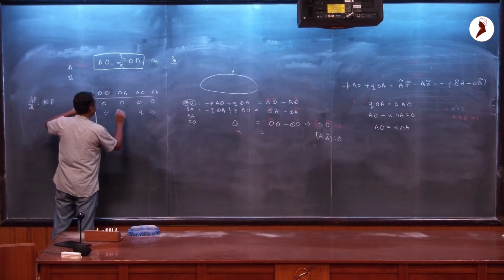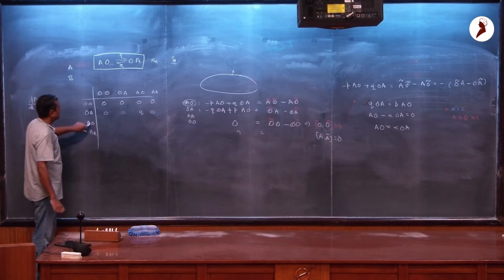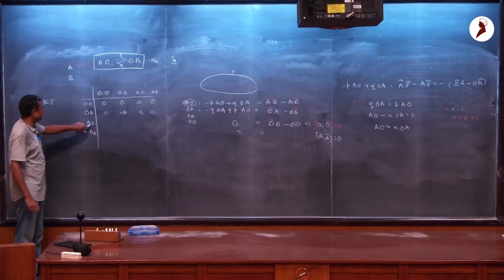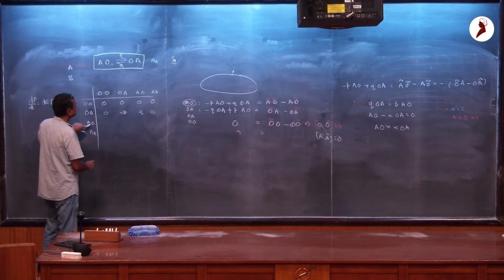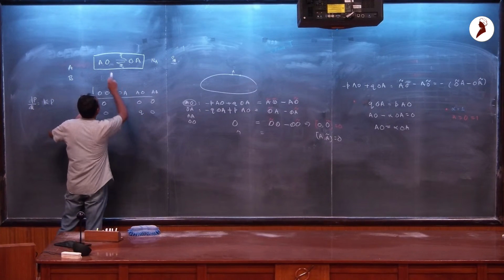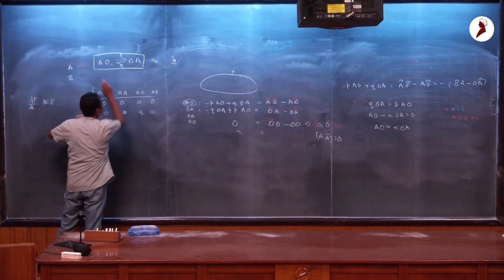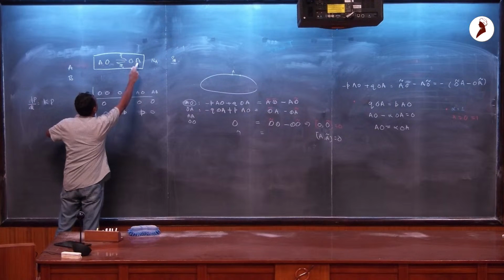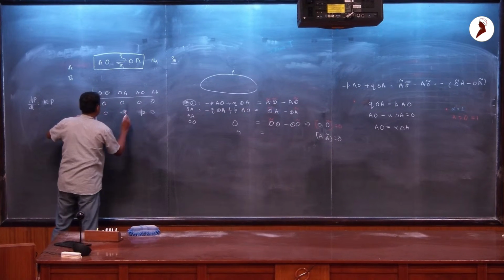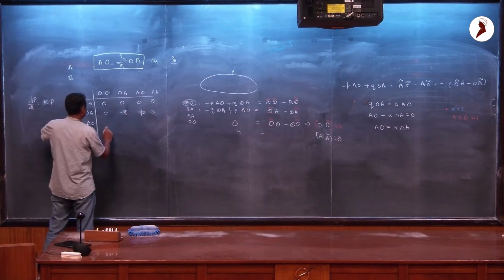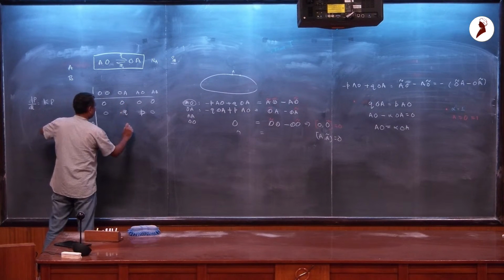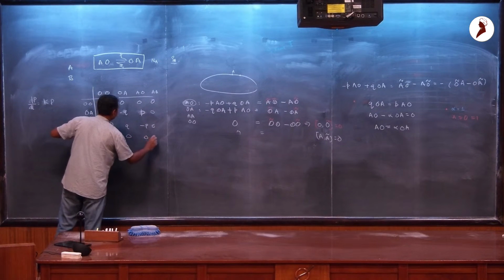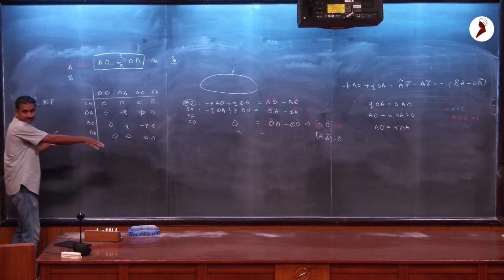Diagonally I will put it later, minus P. And A0 from 0A is P, sorry, and 0A loses with Q, so minus Q. And A0 from 0A is Q, and this one is minus P. So this is the equation, right?